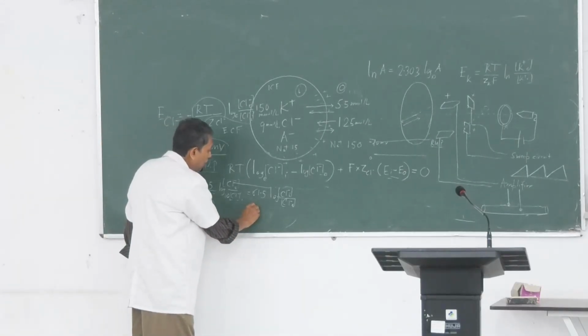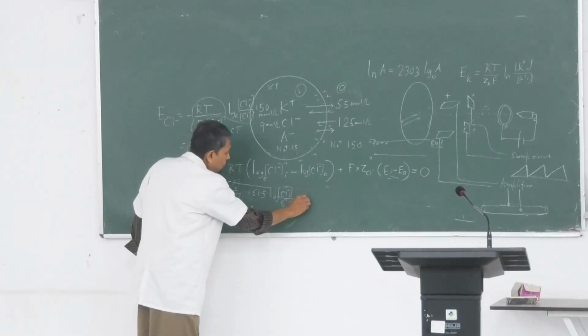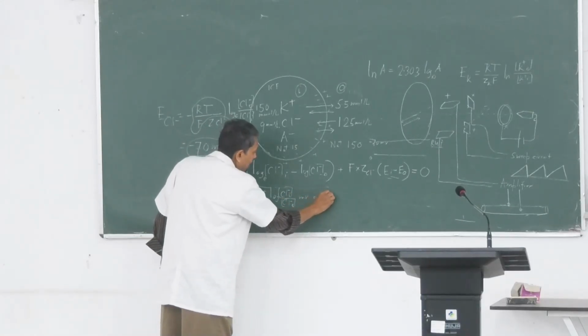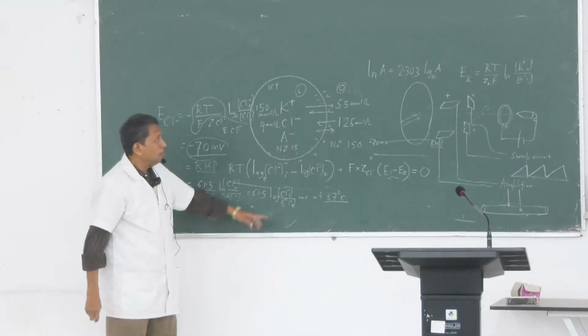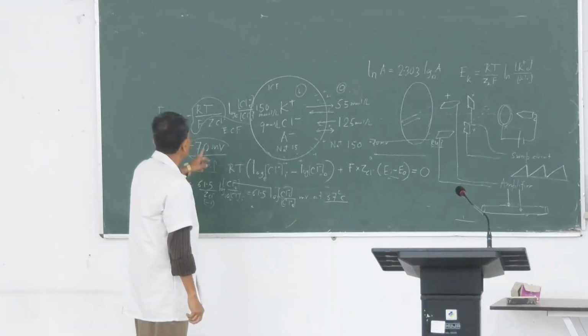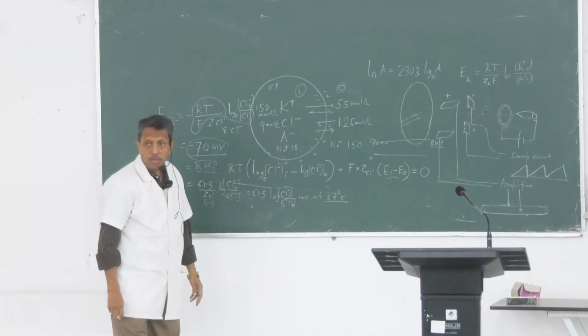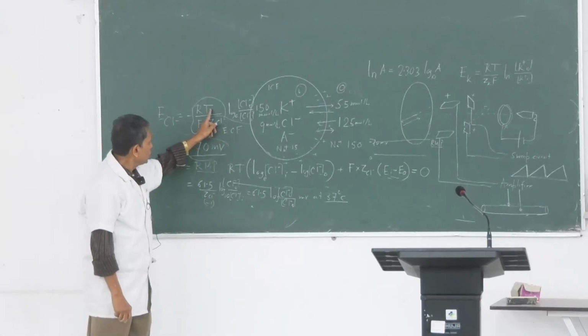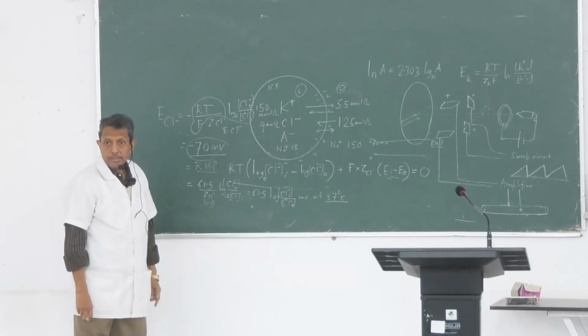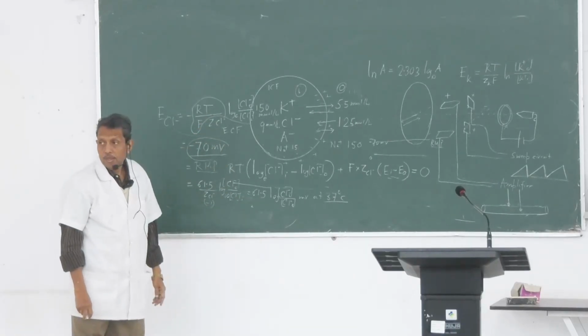Now, if you put these values in millivolt at 37 degrees centigrade, and it is most important because originally there is always the T value, and this value corresponds to 37 degrees centigrade.